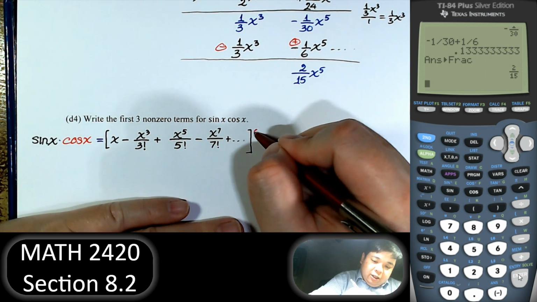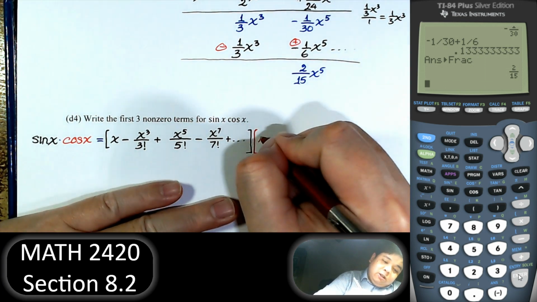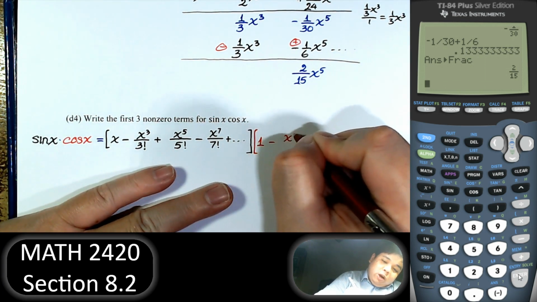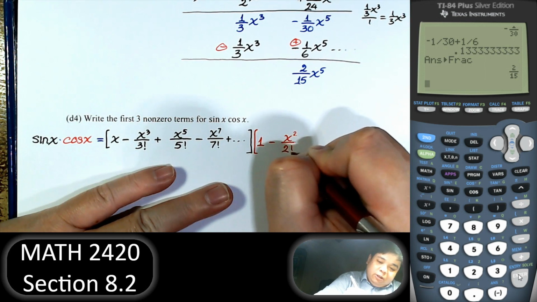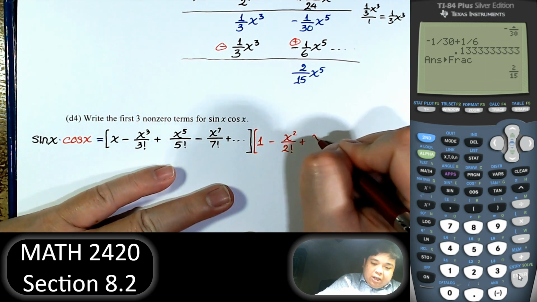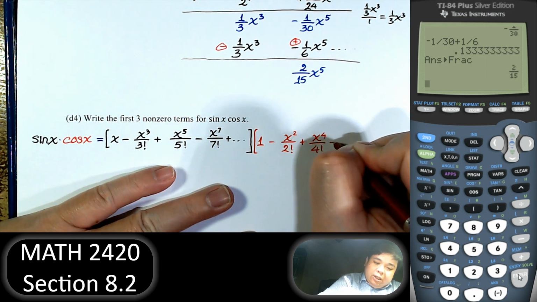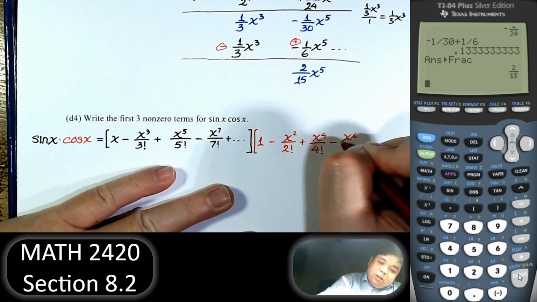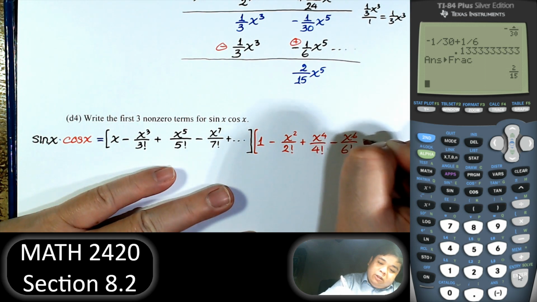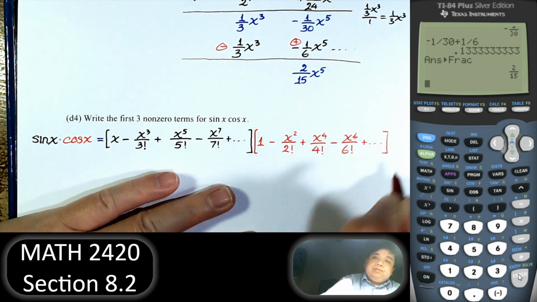Cosine is an even function. 1 minus x squared over 2 factorial plus x to the 4th over 4 factorial minus x to the 6th over 6 factorial, and so on.